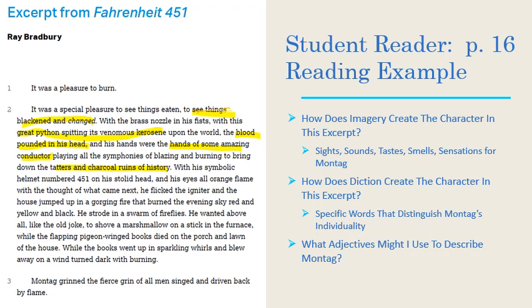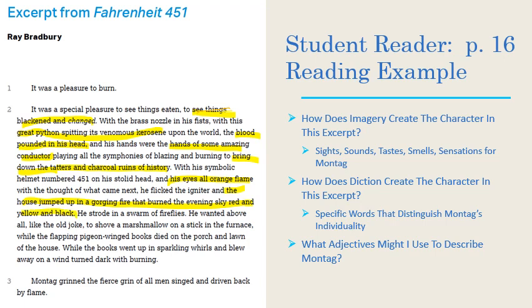Like this rain of, I guess, bringing down the tatters and charcoal of the ruins of history. His eyes all orange flame, right? So the visual of the flames in his eyes. The house jumping up and gorging on the fire of the evening sky that's red and black.